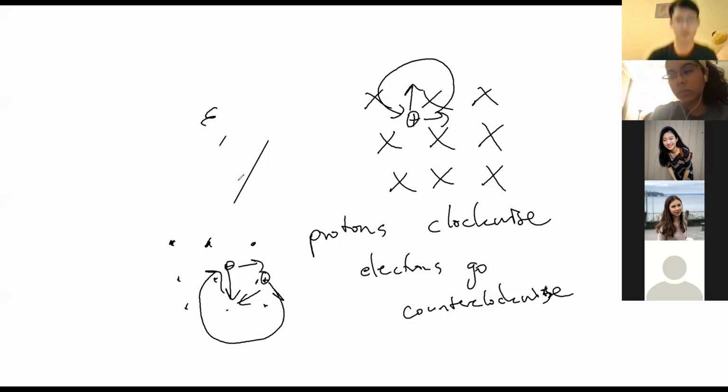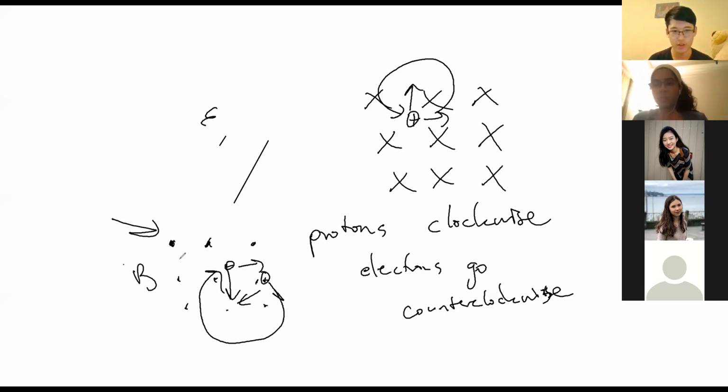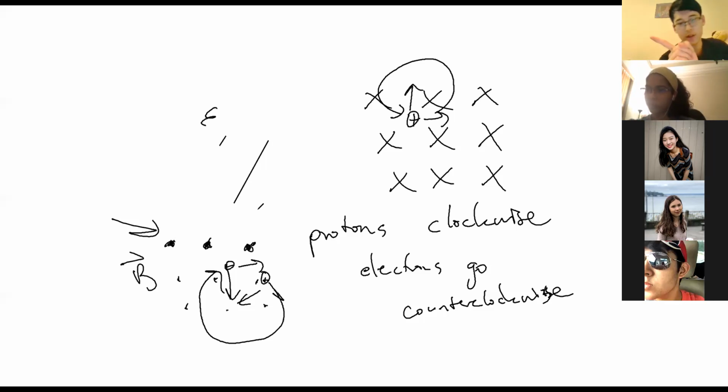Let's consider this case first with a magnetic field pointing out of the screen. Remember, dots means it's pointing out of the screen, crosses means it's pointing into the screen. Point your index finger in the direction of the proton, so that's to the right of the screen. Then point the magnetic field towards your face, so your face is out of the screen.